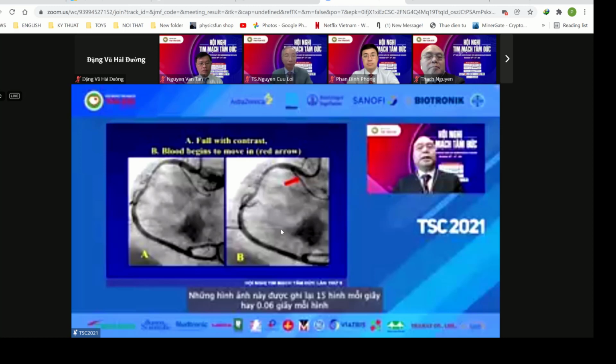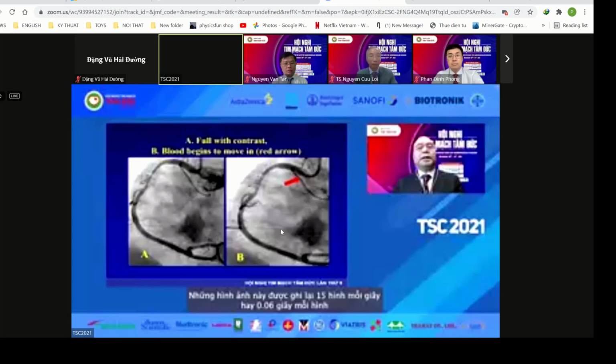Now let's look at E. At E, we see that the flow has almost stopped there because this is the beginning of systole, and we see the contrast in black at the mid-segment of the right coronary artery. This is the location of collision between the antegrade flow of the blood and the retrograde flow of the contrast.